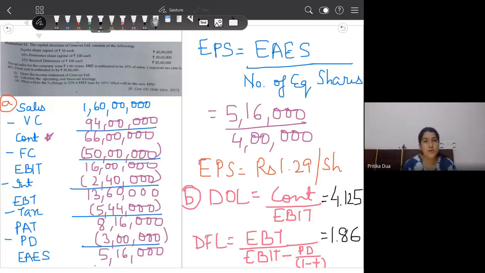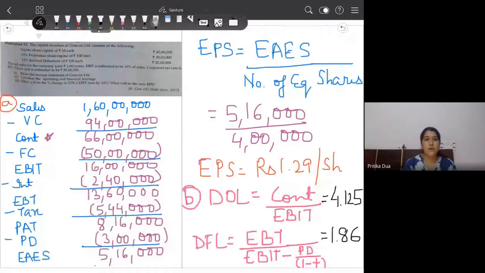Now, out of the three leverages, which leverage is checking or examining the relationship between EPS and EBIT? Is it operating leverage, financial leverage, or combined leverage?